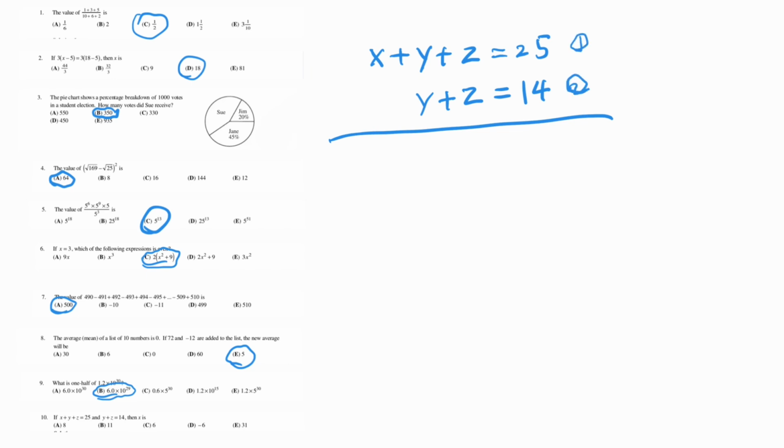This is equation 2. We use equation 1 minus equation 2. x gives us x, y minus y is 0, z minus z is 0, equal to 25 minus 14. That's 11. So the answer is B.